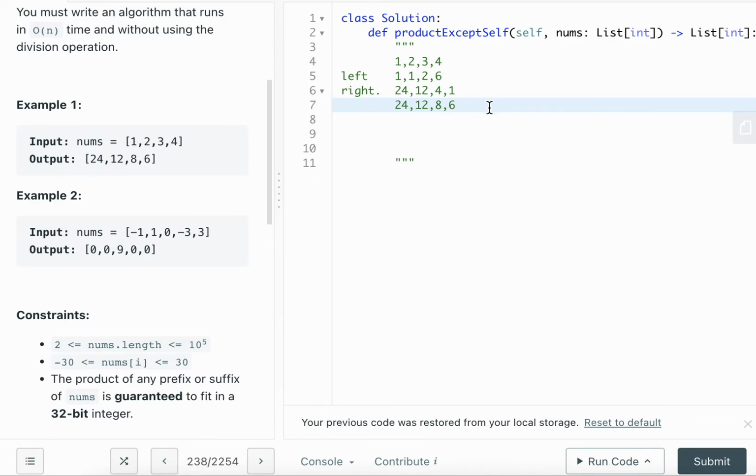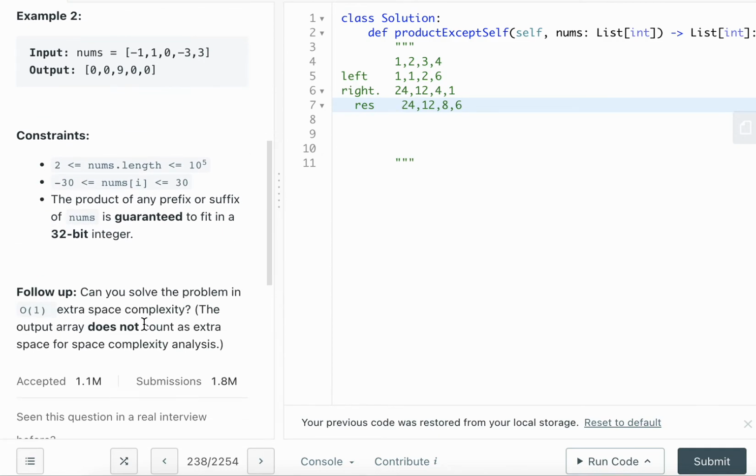So I'm going to show you how to do this in code using 3 arrays. This is really not O(1) space complexity because I'm actually using 3 arrays. But the difference, if you want to do the extra follow-up question, is that you can calculate the left side in the answer array.